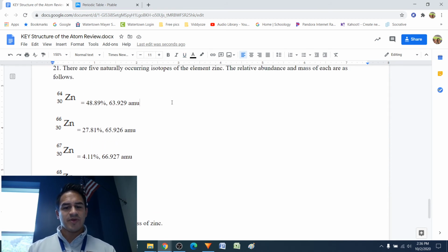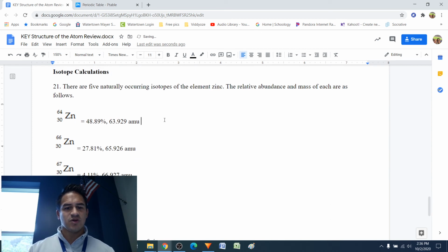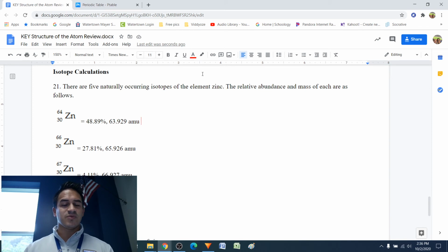To find average atomic mass, we take the mass of the individual isotopes, multiply those masses by their percent abundance as a decimal, and then add them all together. So we're going to take 63.929 AMU times 0.4889, that's 48.89% as a decimal.